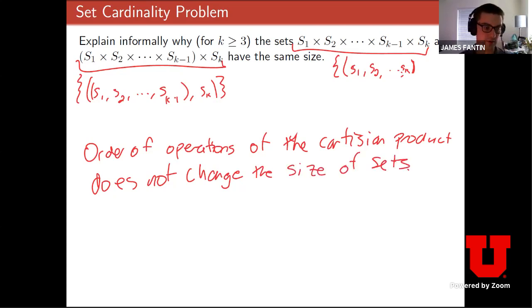No matter what order we take the Cartesian product in, we'll always end up with sets of the same size. The reason is that we'll still be considering all the possible combinations. But in this case, the elements s1 through sk minus 1 will just be in a tuple, and in this case, they'll be contained just in this tuple over here. That's a brief explanation.